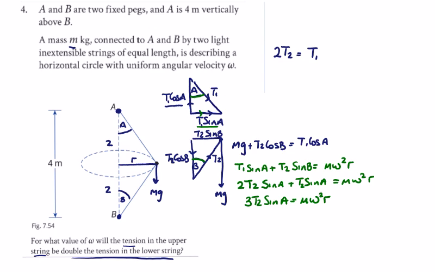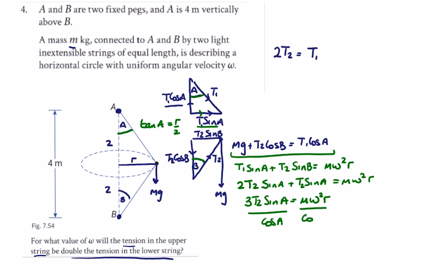and we're told we have the tan of A. We can get the tan of A in terms of R and 2. The tan of A is equal to opposite over adjacent, so R over 2. So we can make this into tan A by dividing by cos A. And then maybe we'll be able to simplify and get cos A up here.